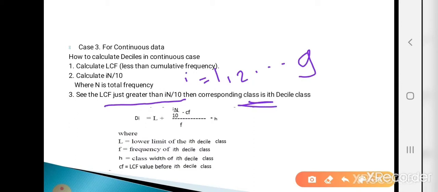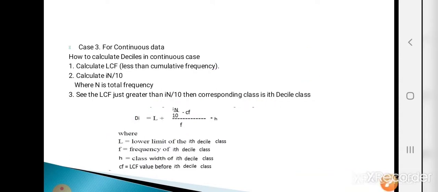So how to calculate deciles? The formula is Di is equal to L plus (iN divided by 10 minus CF) upon f, into h, where L is the lower limit of the ith decile class, f is the frequency of the ith decile class, CF is the LCF value before the ith decile class, and h is the class width of the ith decile class.